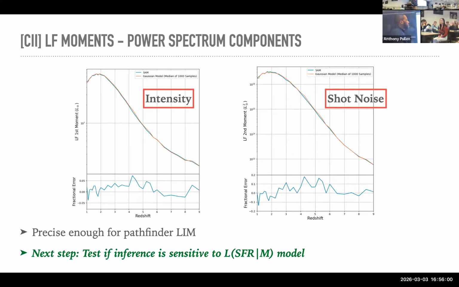Yeah, so the idea is that if you were able to measure the power spectrum, for example, and this isn't the only statistic you can use, there are other statistics like the voxel intensity distribution. But if you're just using the power spectrum, you would have this moment and this moment.